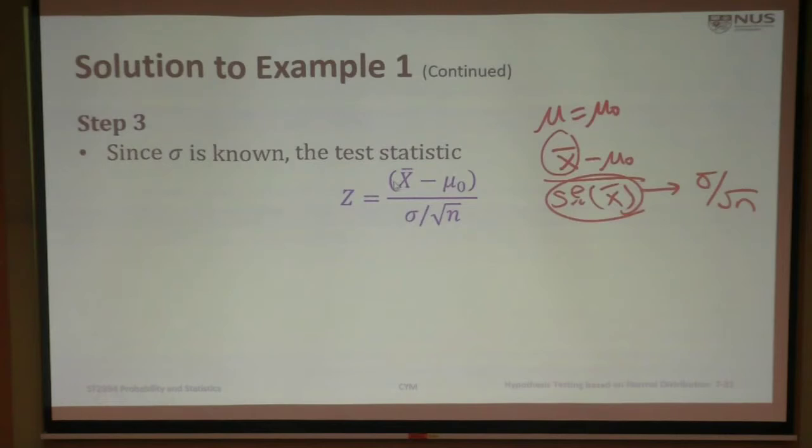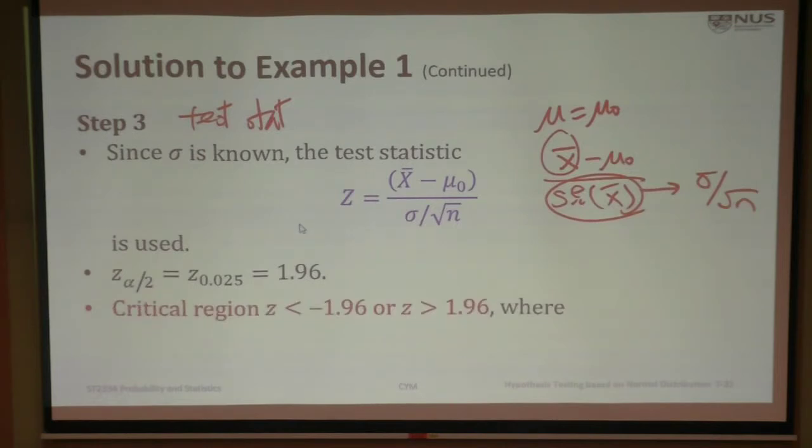So step 3 is to pick the test statistic. What test statistic are you using? And in fact, you have to specify how to make the decision. Your decision is based on the test statistic, but you must specify what you will do.